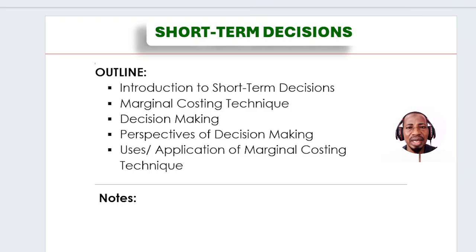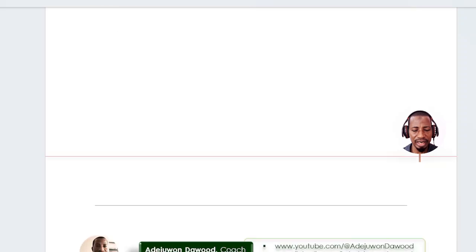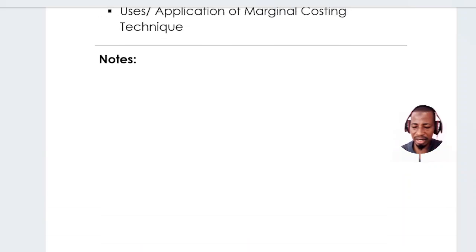Therefore, what are those areas where marginal costing concept can be applied in decision making? One of the areas in which marginal costing concept can be used, let's put it down. We can use marginal costing concepts when there is a decision to be made on deleting of a segment.